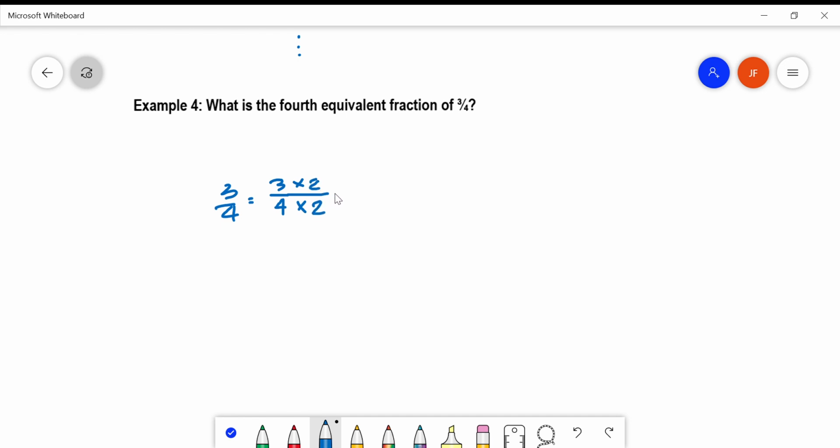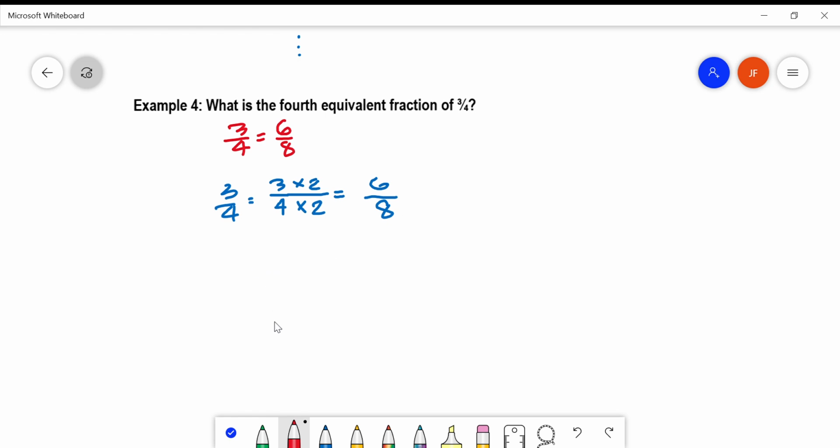Okay, so that is equal to 6, and 4 times 2 is equal to 8. Okay, so 3/4 is equal to 6 over 8.